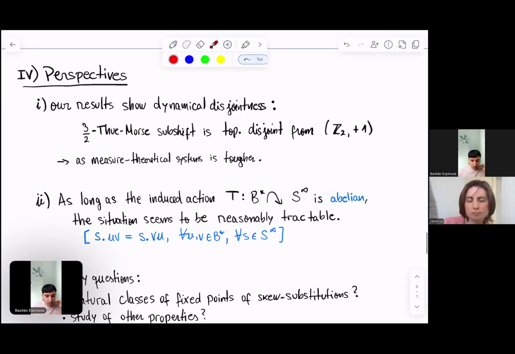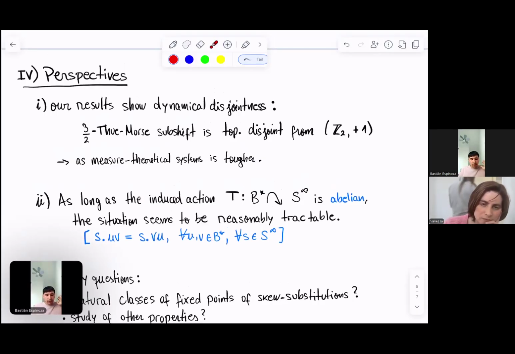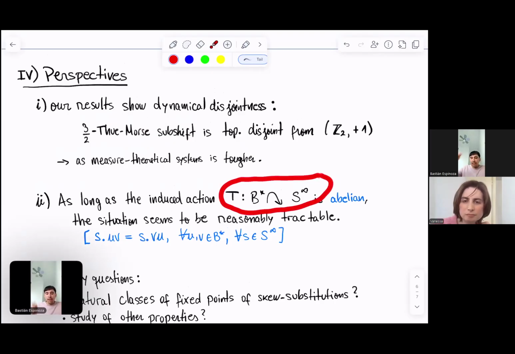And the second point that I would like to make is that most of what I have discussed here depends only on the fact that we work with skew substitutions. In general, a skew substitution can be quite chaotic, but as long as the induced action on the space of parity sequences, or state sequences, is abelian, most of what I have said remains quite tractable.